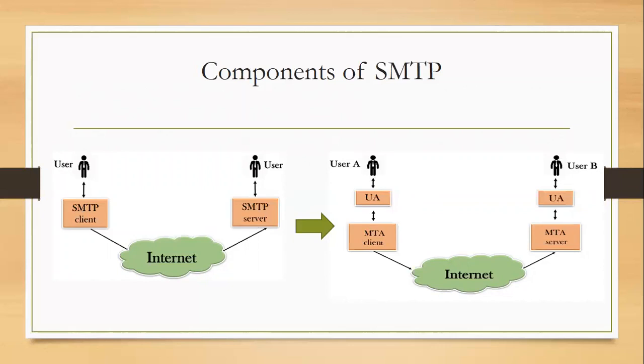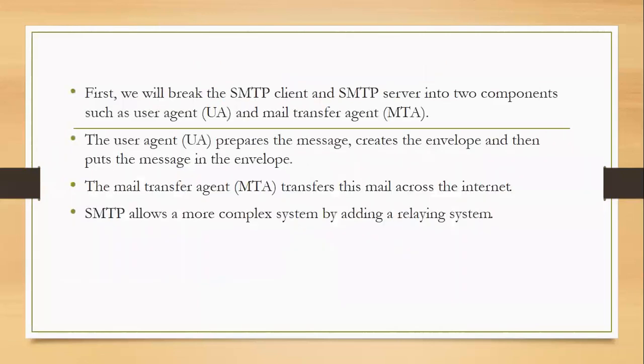And that user agent sends that envelope to the MTA client. The MTA client then sends it to the MTA server with the help of the internet, and that MTA server gets back to the user agent of user B and replies in the same scenario. I hope this is clear.